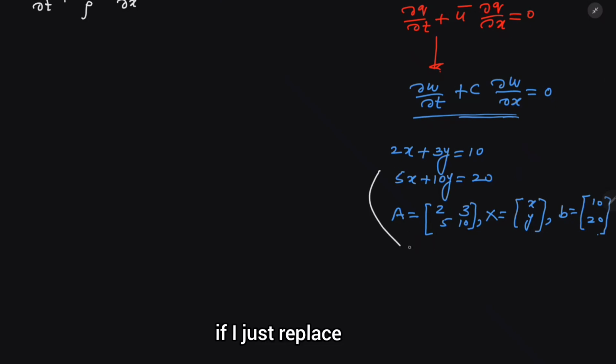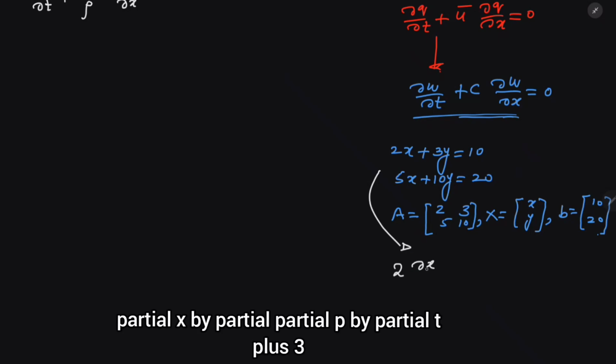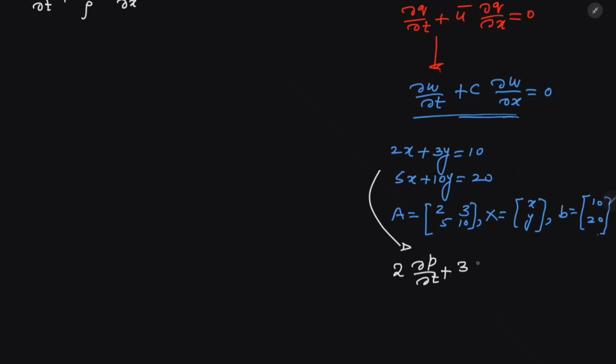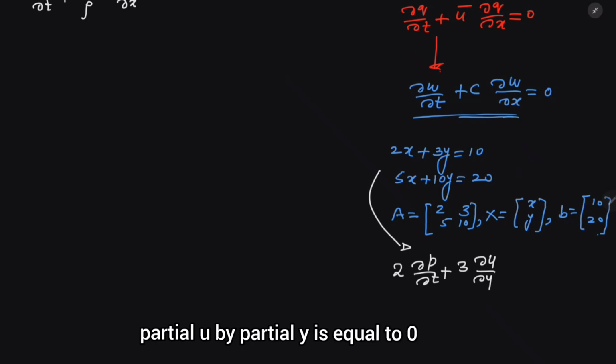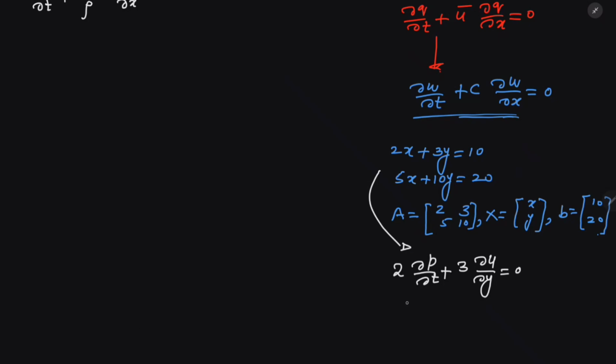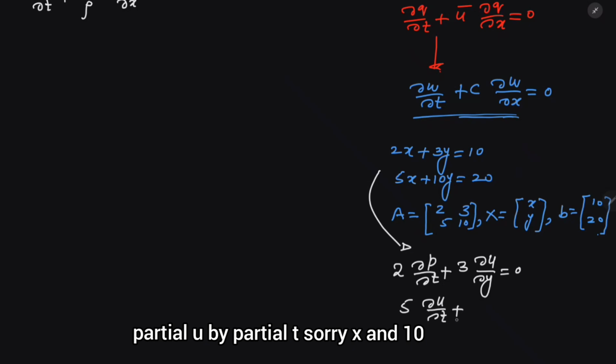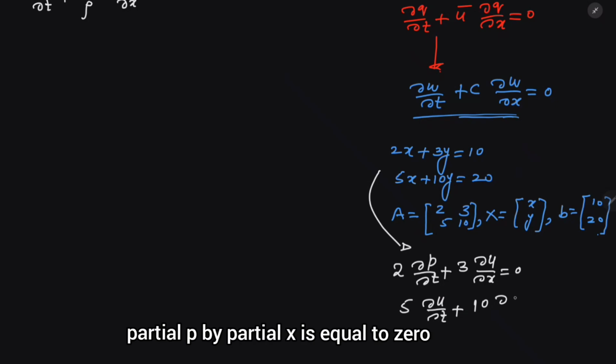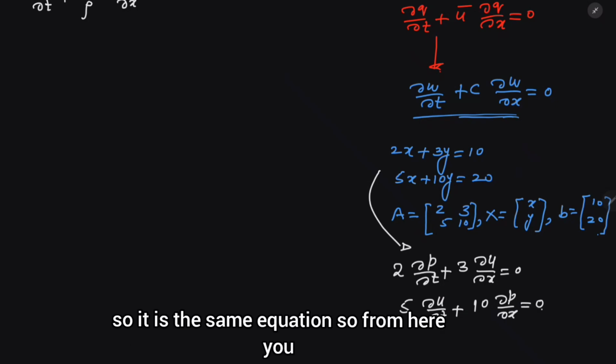If I just replace that system of equations with 2 partial p by partial t plus 3 partial u by partial x is equal to 0, and I write the second equation 5 partial u by partial t and 10 partial p by partial x is equal to 0, it is the same kind of equation.